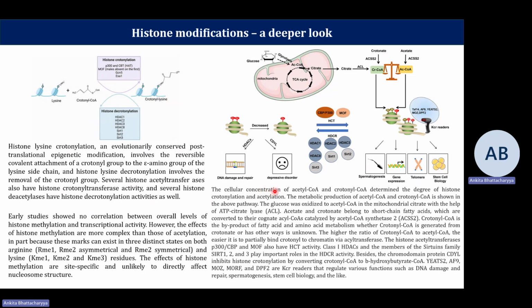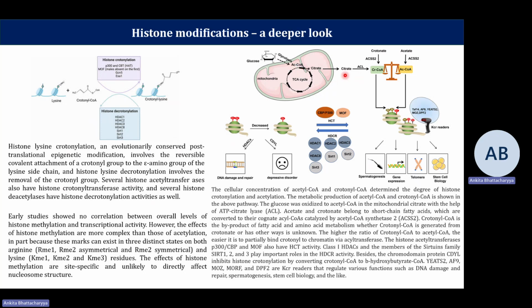The cellular concentration of acetyl coenzyme A and crotonyl coenzyme A determines the degree of histone crotonylation and acetylation. The metabolic production of acetyl coenzyme A and crotonyl coenzyme A is shown in the above pathway. You have glucose as the initial starter molecule, which gets oxidized to acetyl coenzyme A in the mitochondria with the help of ATP citrate lyase, or the ACL enzyme.